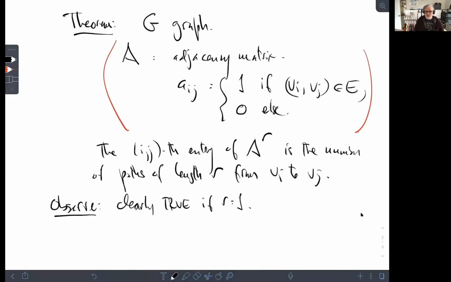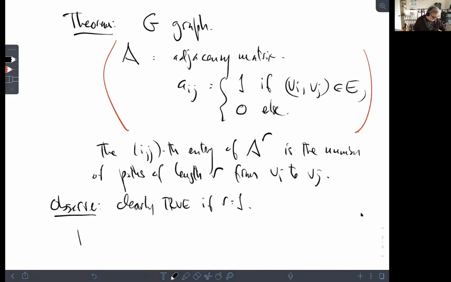What's a path of length 1? It's an edge. So there's nothing to prove if r equals 1. Hopefully everybody's okay with this. Yes? Yep. Okay.